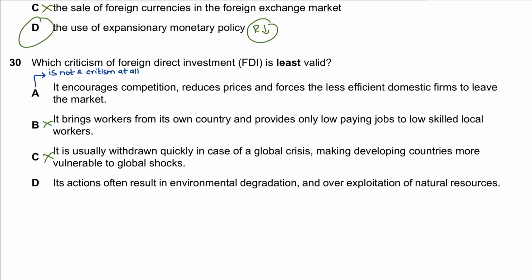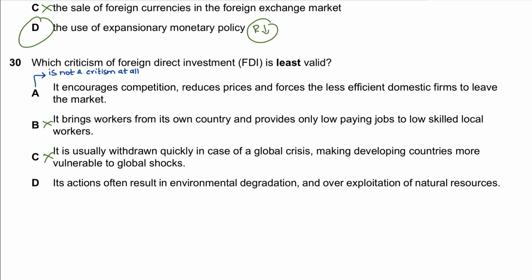Why? Because usually multinational firms can reduce the investment plans or close factories and move out or relocate production during major economic shocks or recessions, because developing countries have unstable economic conditions.